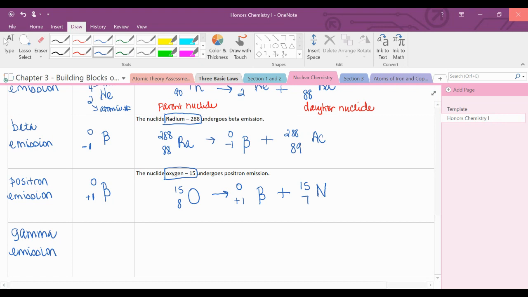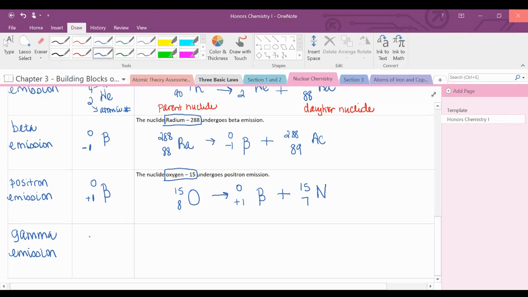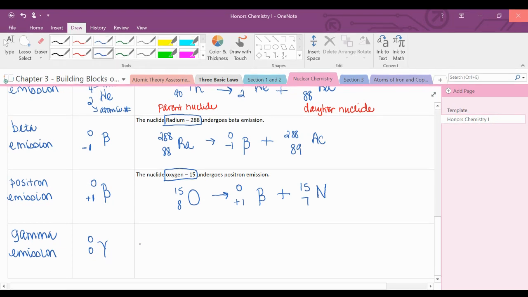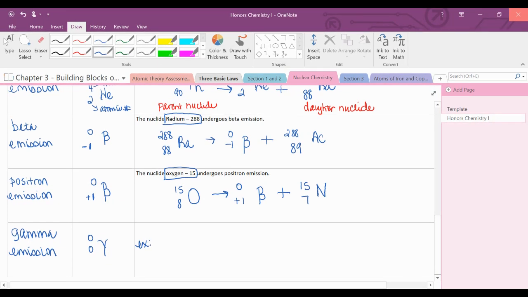And gamma emission is energy, it's no mass. So the nuclear symbol for gamma emission will look like this. And the symbol that I've written is the letter for gamma. And this is just an example, because again, you're not going to be expected to write equations for gamma.